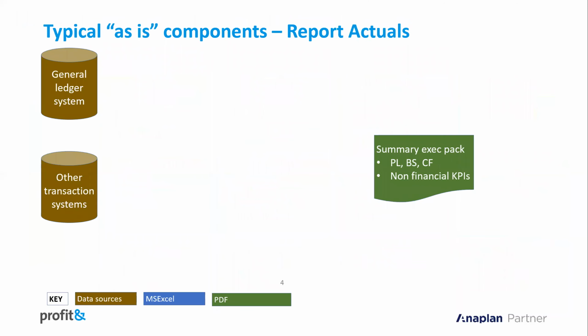So this is what the typical as-is components of one of the processes, which is to report actual performance, looks like. Nearly all companies have a general ledger as a source system, and quite often there are other transaction systems which are sources for data.